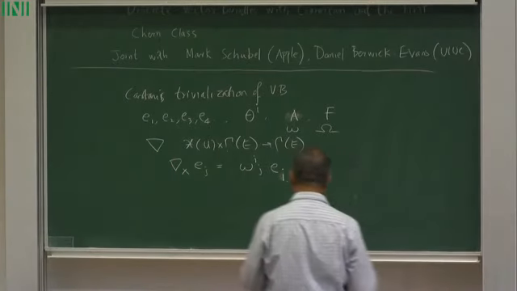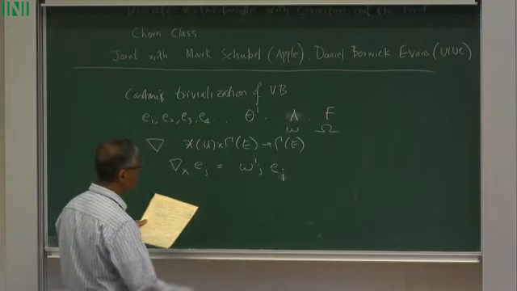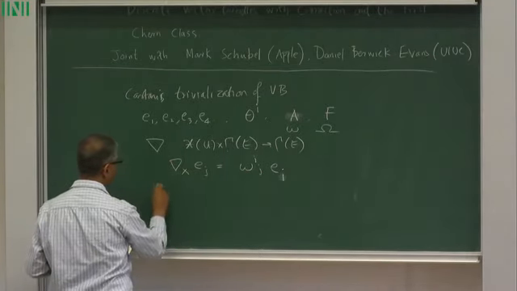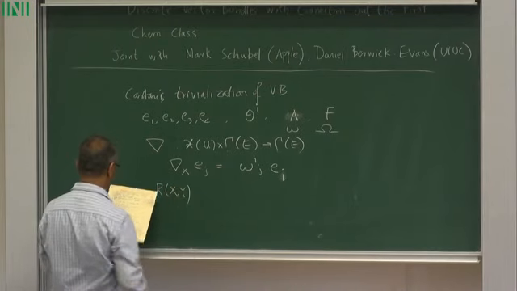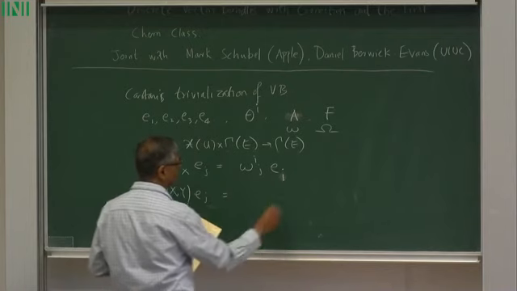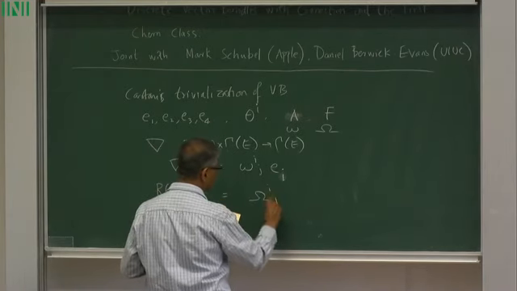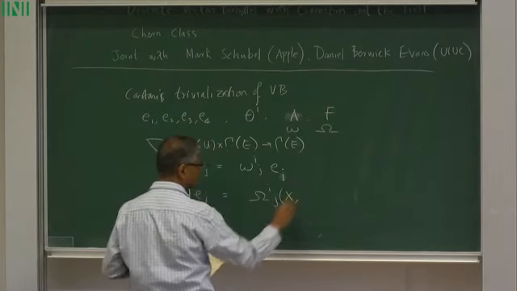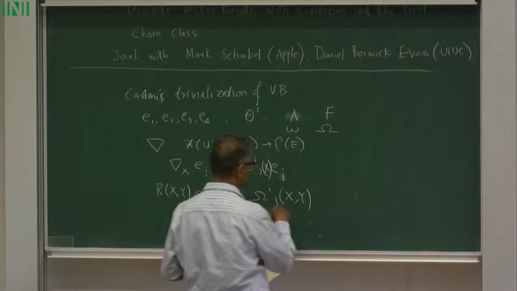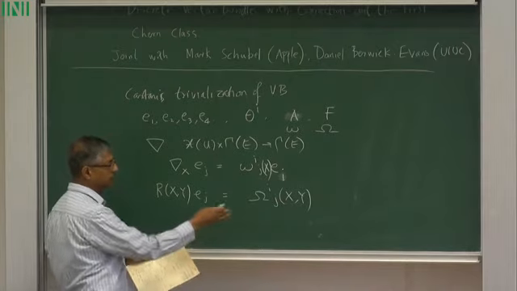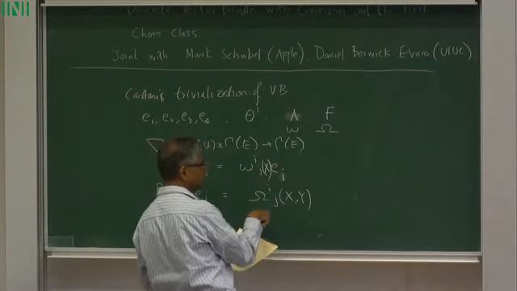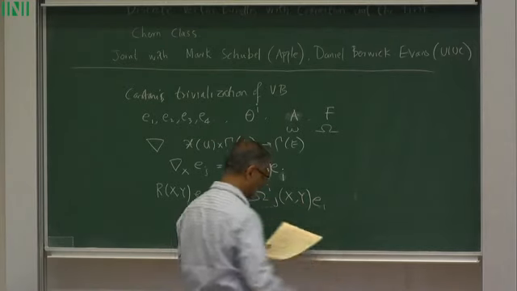The curvature matrix comes from writing the curvature applied to Ej in terms of the frame. This is a function of 2, this is a function of 1, and it's antisymmetric and has the right linearity properties, so it is a 2 form and this is a 1 form. This is a matrix of 1 forms and this is a matrix of 2 forms.